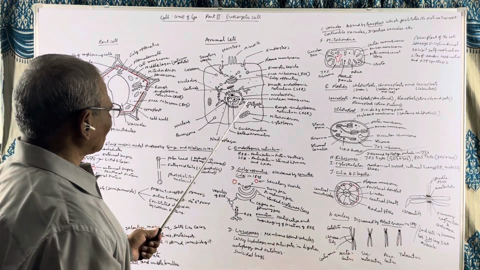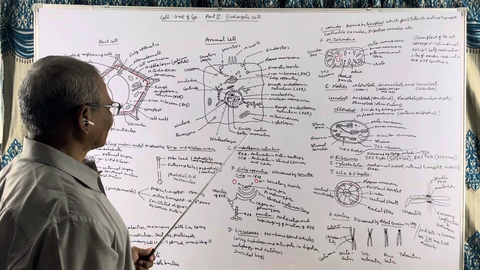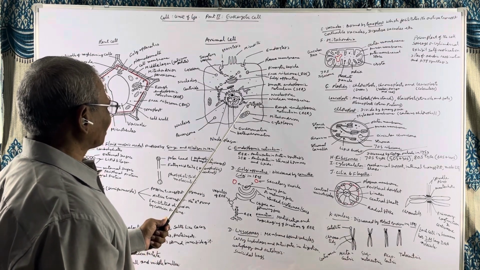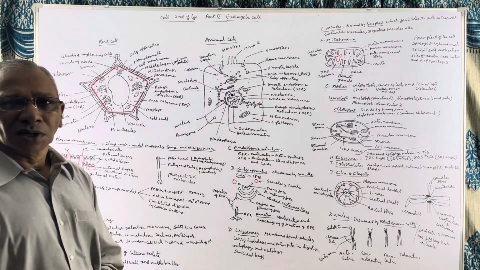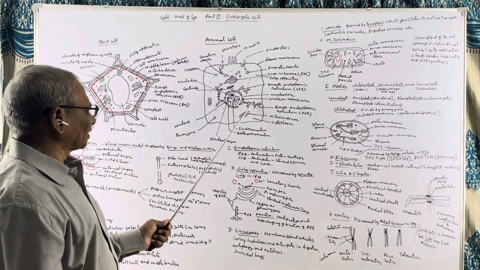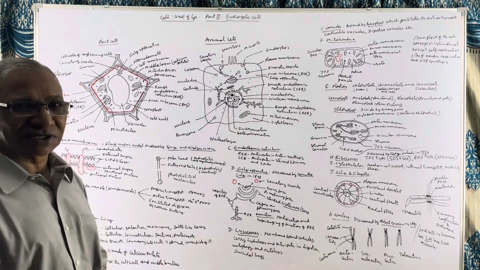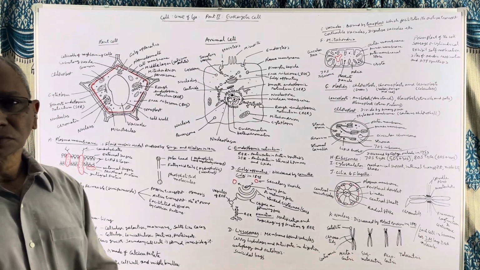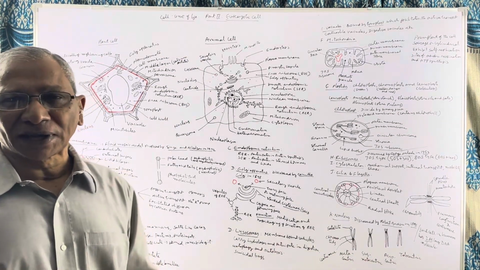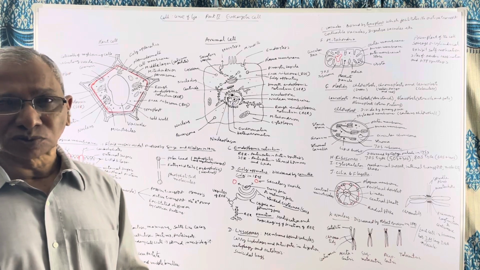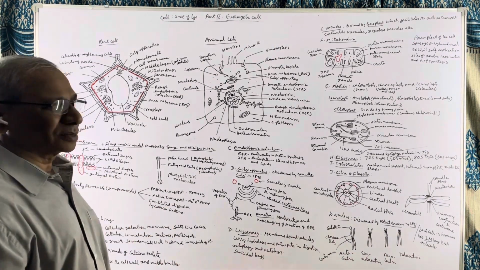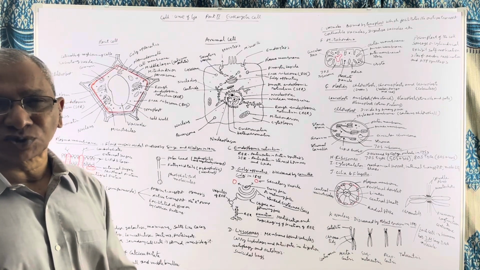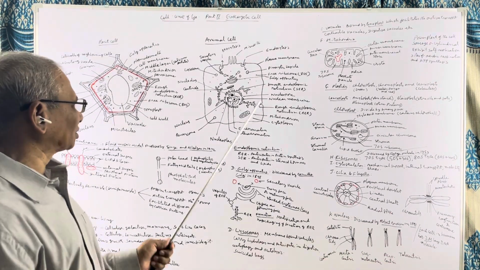The endoplasmic reticulum is actually of two types: rough endoplasmic reticulum and smooth endoplasmic reticulum. The rough endoplasmic reticulum appears rough because it is covered by 80S ribosomes. In the smooth endoplasmic reticulum, the ribosomes are not attached to its outer surface, so it appears smooth.